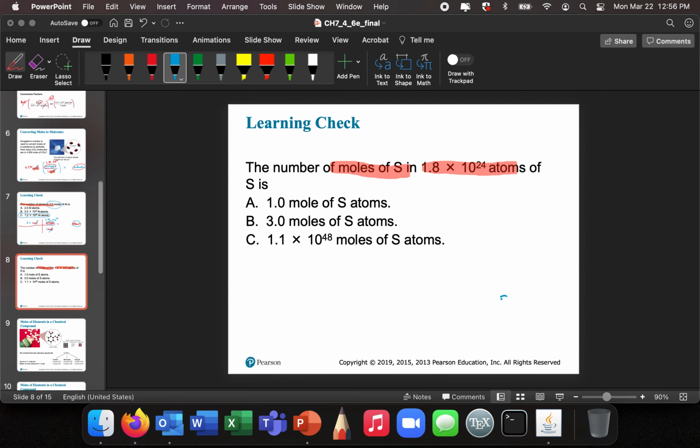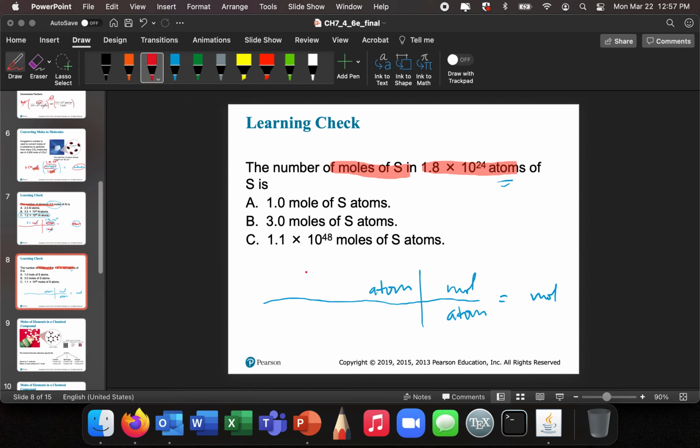Okay, so again, the question is how many moles? So I'm going to put moles over here. Let's do the picket fence method. Moles, right? And I was given atoms, so we're going to say moles per atom.